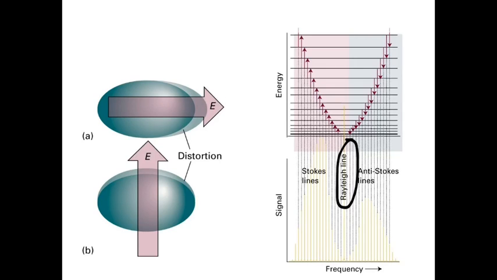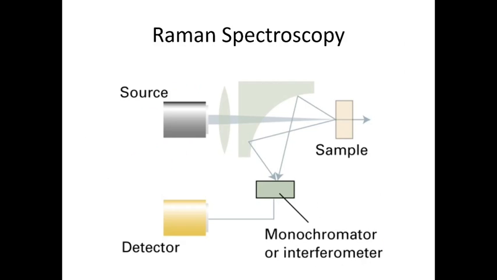So Rayleigh light, if we look back at the previous picture, is light that reflects directly off of the sample and doesn't change its wavelength. So when the light reflects off the sample, the wavelength could stay the same in that there's no energy absorbed or gained by the light.